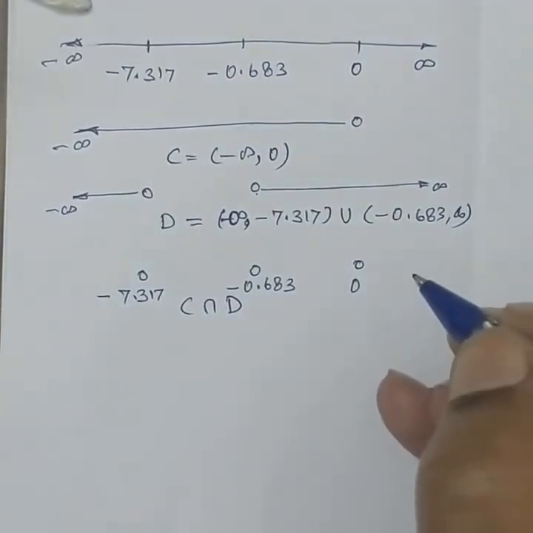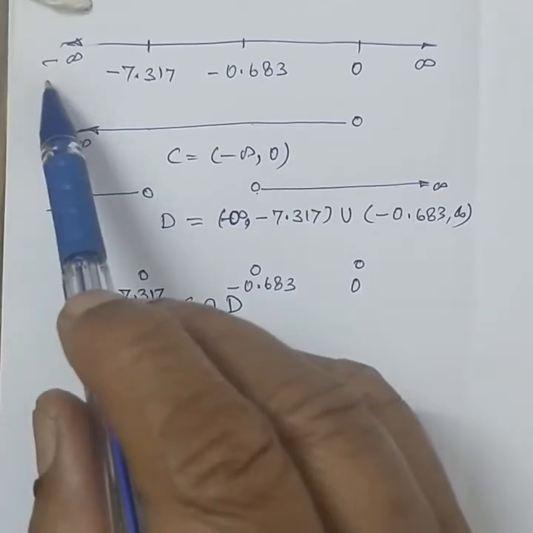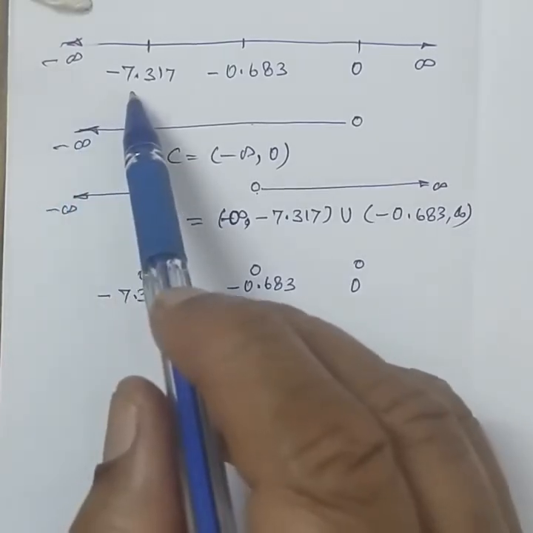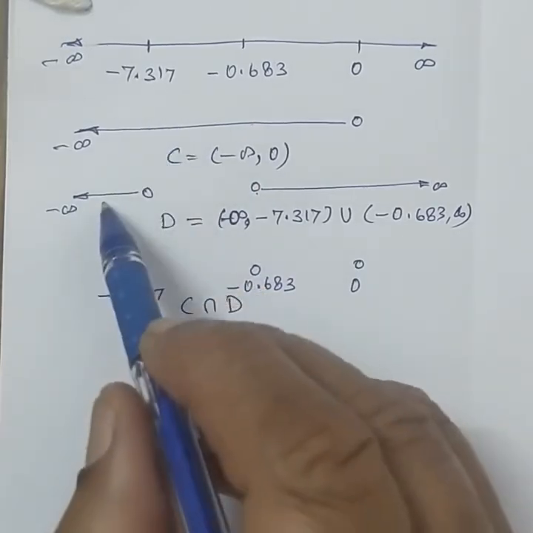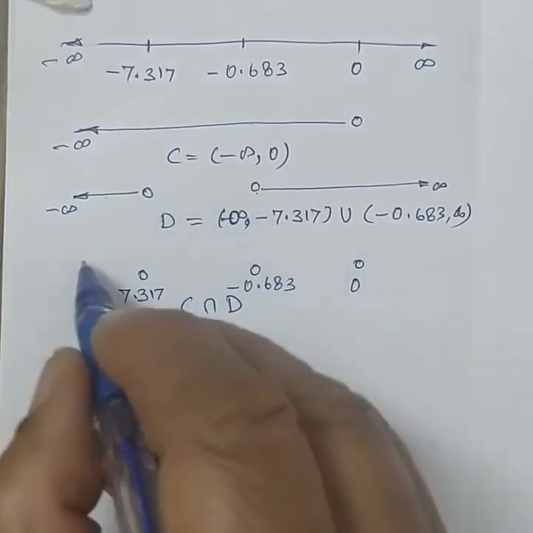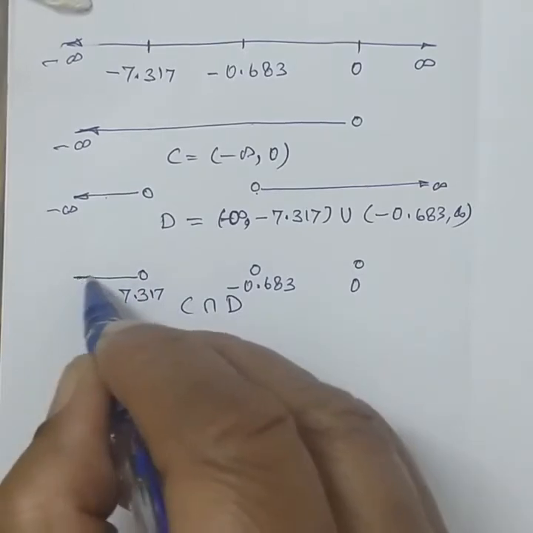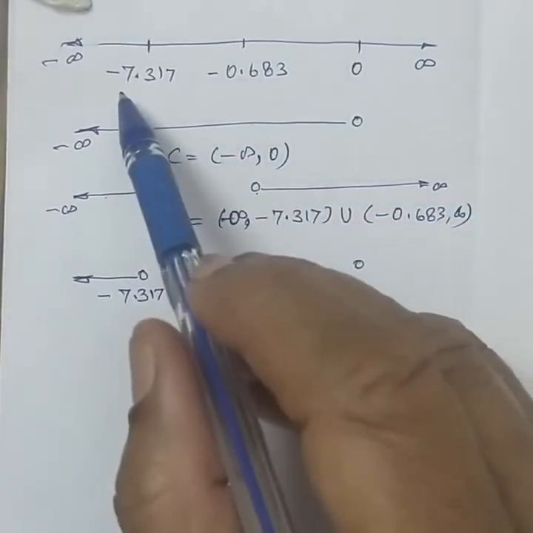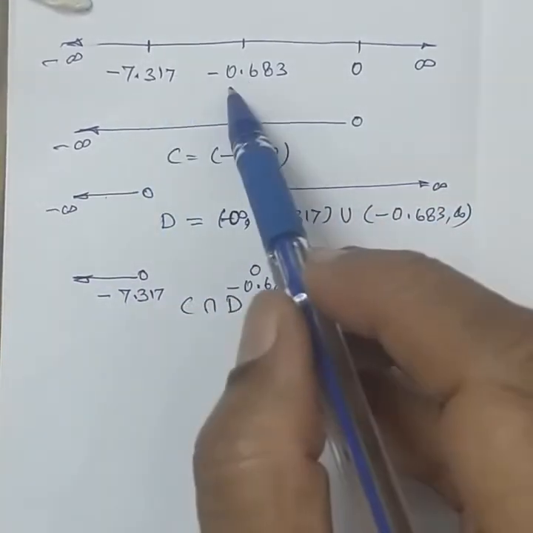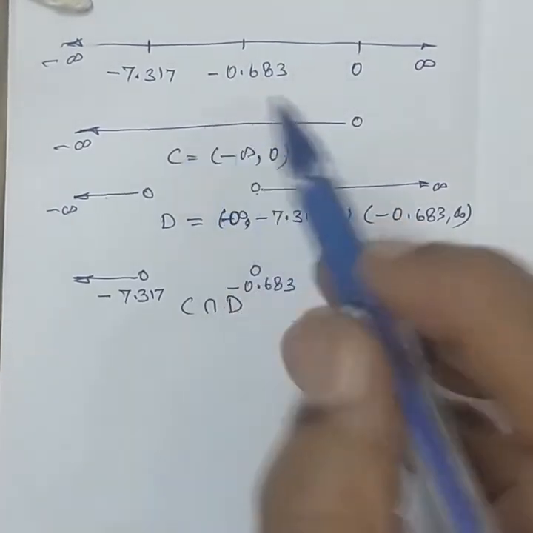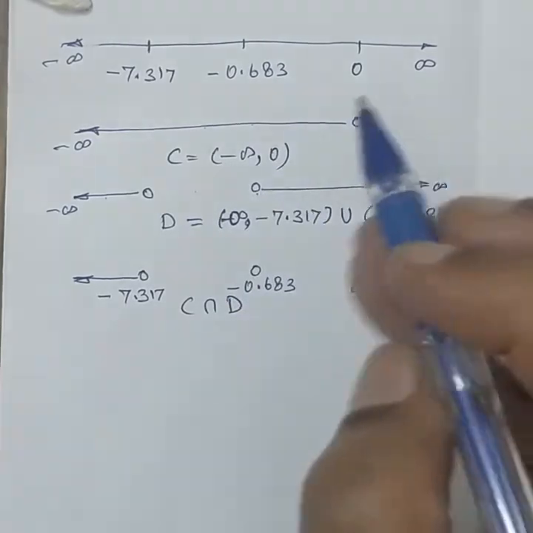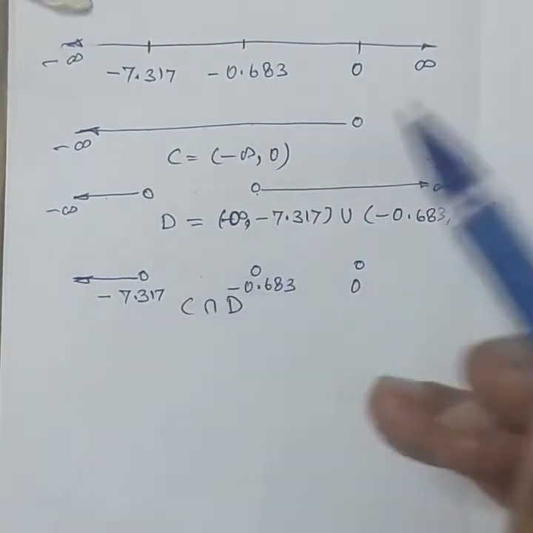Now we will check the intervals. The interval between minus infinity and minus 7.317 is an element of C and an element of D, hence it is an element of the intersection. The interval between minus 7.317 and minus 0.683 is an element of C but not an element of D, hence it is not an element of the intersection.